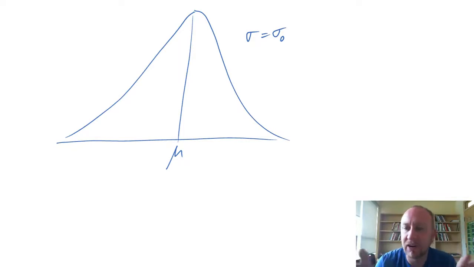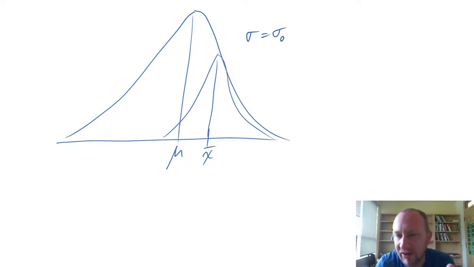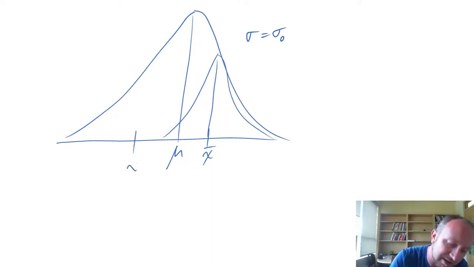There's a spread of observations within that distribution. What we'll be looking at now are the distributions of the point estimates, or the sample mean specifically. So if I take a sample out of this distribution, maybe that sample mean is here, and there's some particular distribution around that sample mean.